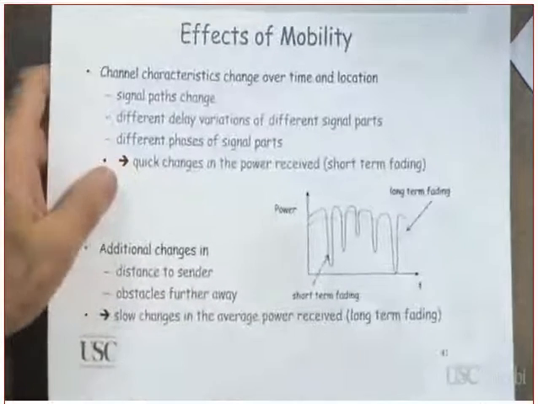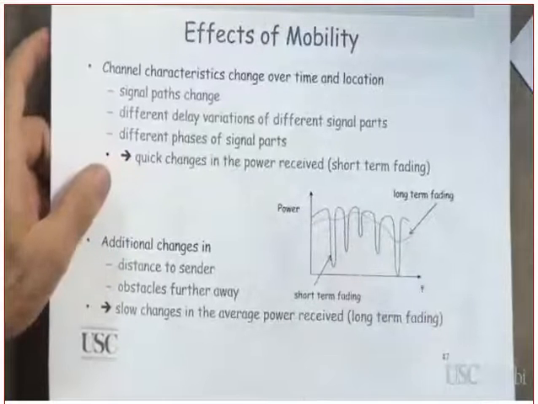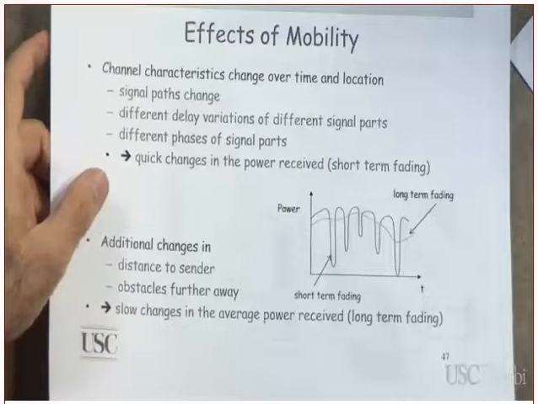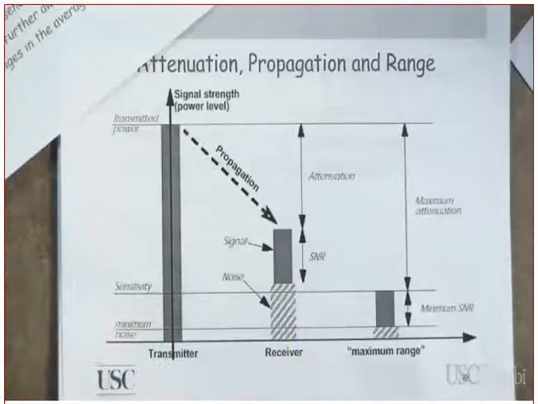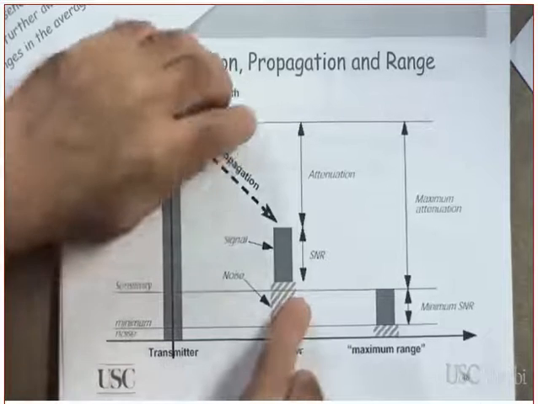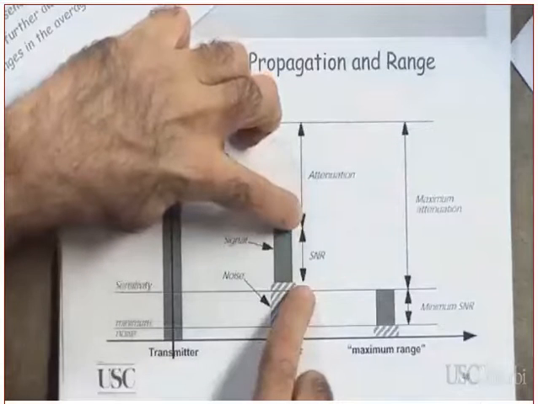Let me ask you a question. Is it acceptable if the noise exceeds the sensitivity of the receiver? It's shown in here, but actually the sensitivity of the receiver should be a little bit more than 2 or 3 dB above the noise level. Are you following me or not? Do you understand what I mean by signal to noise ratio here?